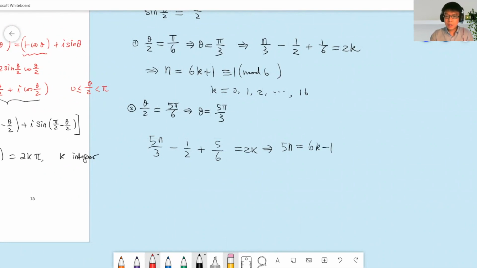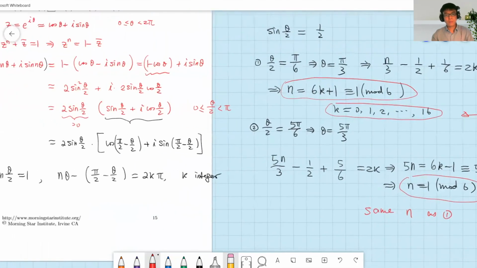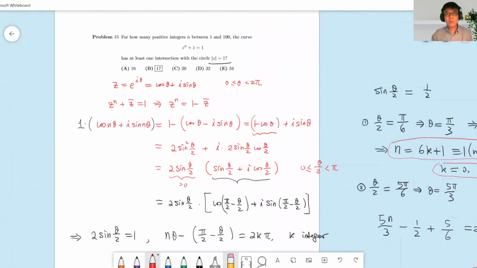All right, we see that the remainder is 5 when divided by 6. Because 5 and 6 are coprime, we see that n has remainder 1 when divided by 6. So again, the requirement is the same. These two requirements are the same, because the remainder divided by 6 is 1. So we have the same values of n as the first case. So totally, we have 17 solutions. And therefore, the answer to this question is 17.